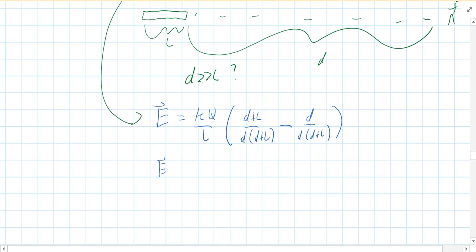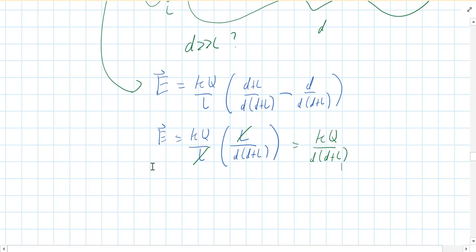So you get E equals KQ over L times L over D times D plus L. And this L drops out, and you're left with KQ over D times D plus L.